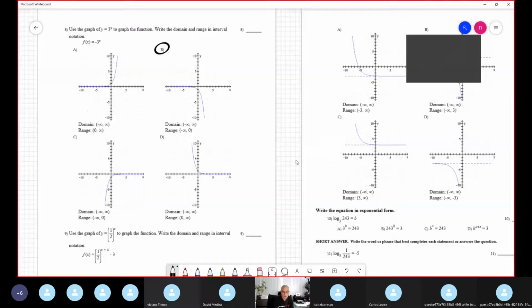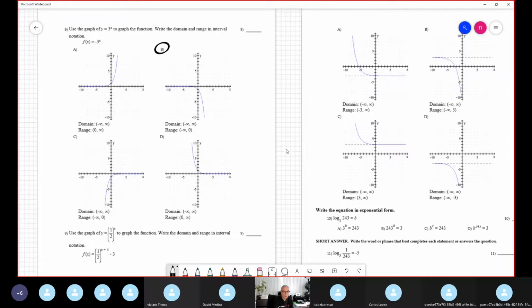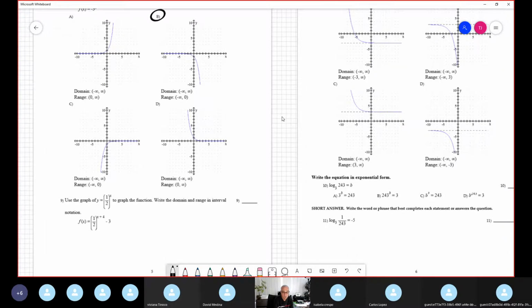Okay, number 9 is similar. It's another exponential equation graph, but in this case different because the base is 1/2. When the base is less than 1, it's exponential decay.